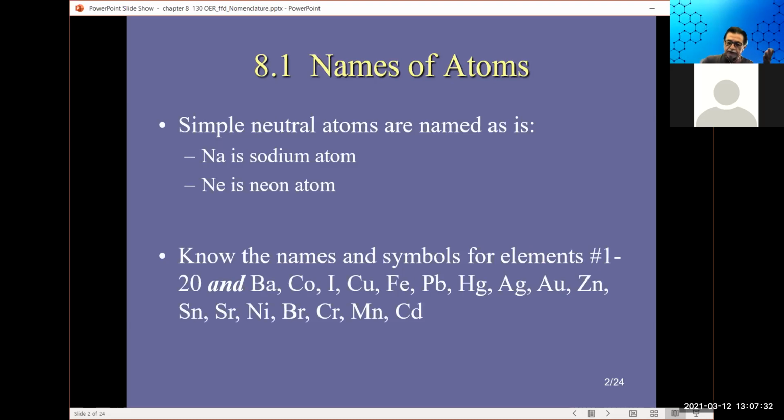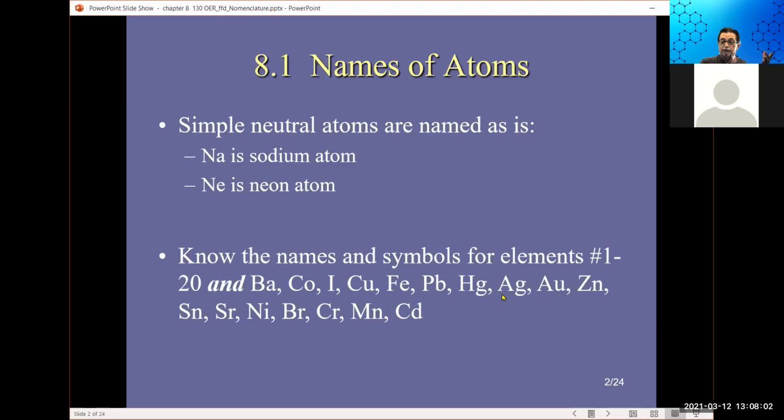Be familiar with at least the first 20 elements and their symbols, and include on that a short list. We will be adding more as we progress. Ba is for barium, Co is for cobalt, I is iodine, Cu is copper, Fe is iron, Pb is lead, Hg is mercury, Ag is silver, Au is gold.